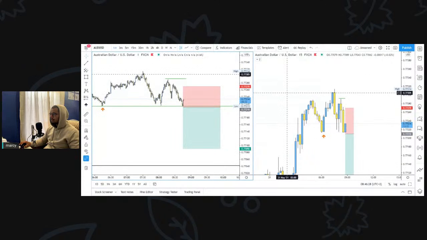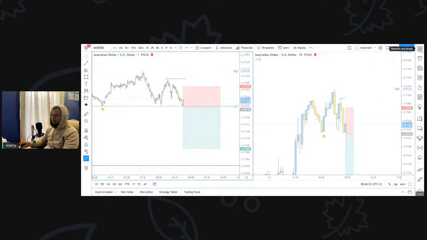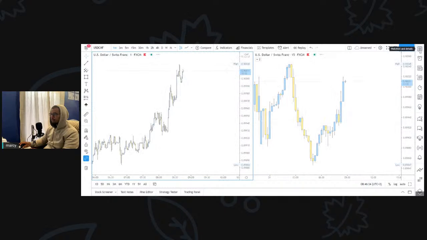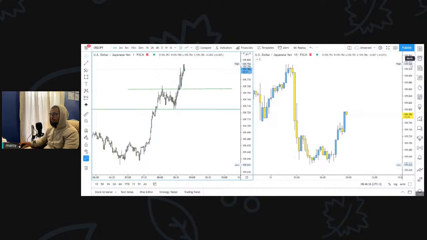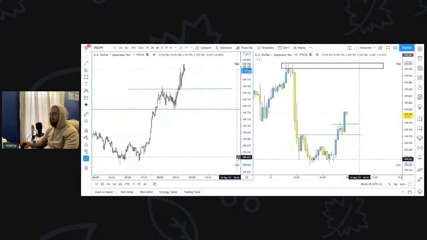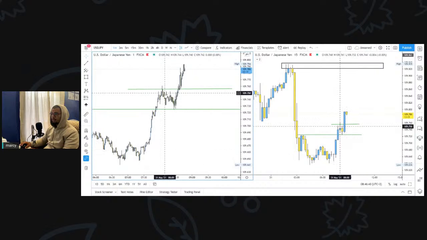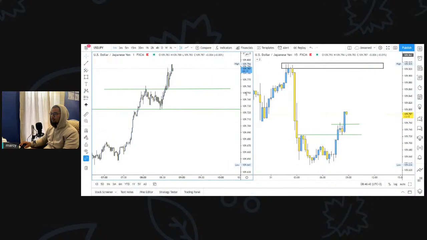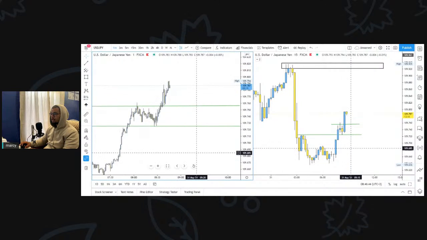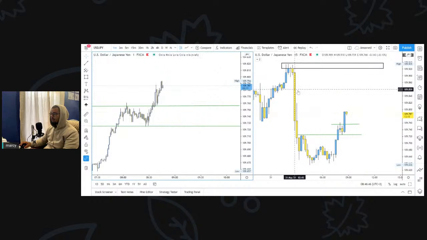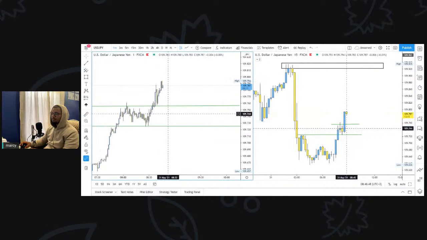There's that, and then there's also USD JPY. USD JPY is also looking quite decent. So you can see the 1 minute has formed a really good trend. And then you also have on the 15 minute all of this to play with.